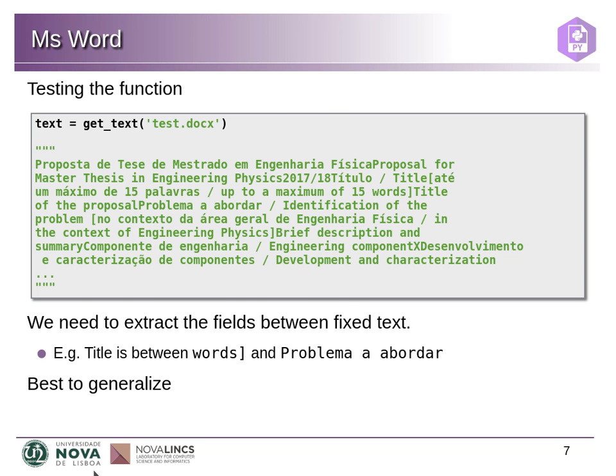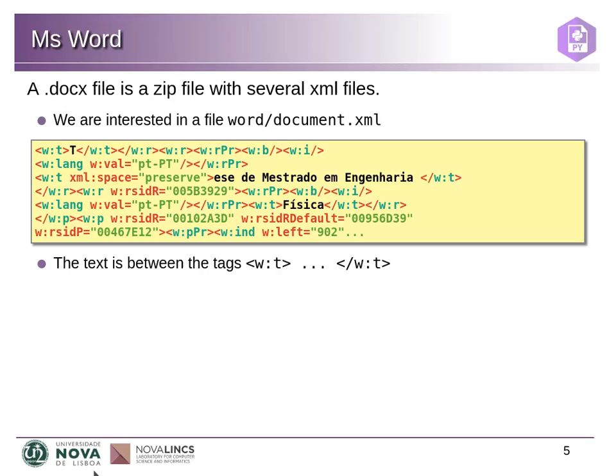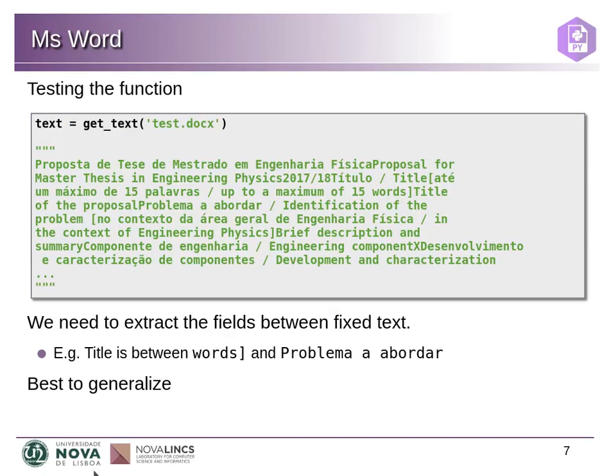So now we extracted, from all this confusing information inside the docx file, the text that is there. And now we need to extract the fields that the user filled in. We have some fixed text on our form, and then we have this part here, for example, up to a maximum of 15 words, and then here starts the title of the proposal.